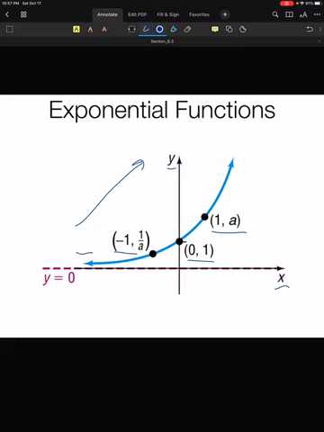It comes down and gets very close as you go on to negative infinity out this way. It looks to get very, very close to the x-axis, which is the line y equals 0, but it never hits it. And so that's the horizontal asymptote. The y-intercept is 1 here, and then there is no x-intercept because we never hit the x-axis. So that is the basis of an exponential function where a is greater than 1.